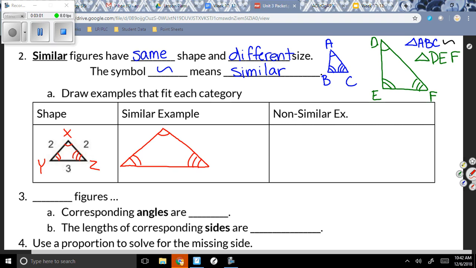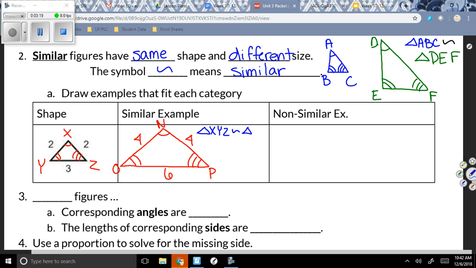So it's going to become a triangle that is 4, 4, and 6. Notice the angle measurements are still the same, and we've labeled our angles, and everything increased by a factor of 2. So it doubled in size.